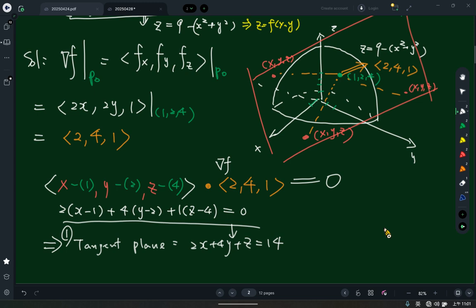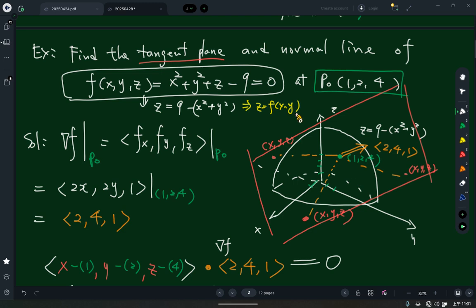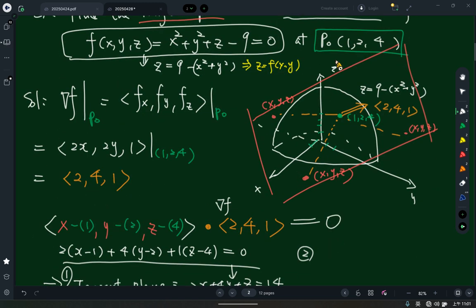The second subquestion is this: this is the tangent plane, and we want to know what the normal line is. As for the normal line, it will just follow the gradient vector.